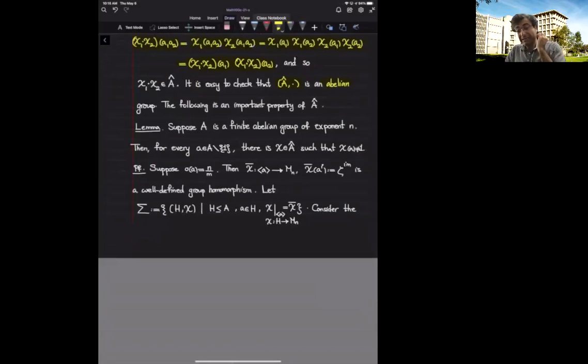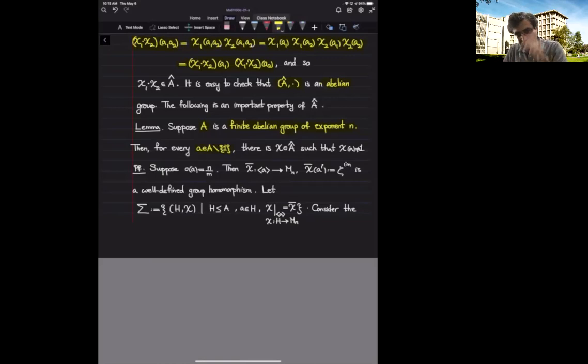Now, here is an extremely important lemma. If A is a finite abelian group of exponent n, if an element is non-trivial, we can detect it through characters.